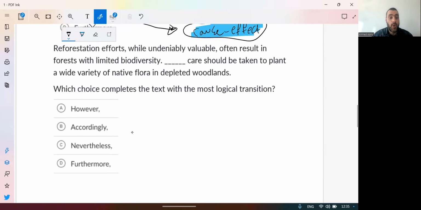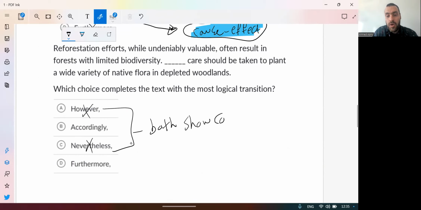Let's go to the second choice. So the second example. Do we have copycats in here? Yes, we have 2 copycats even before going through, because they are similar. However and nevertheless, copycats. Why copycats? Because both of them show the same relationship, contrast relationship.